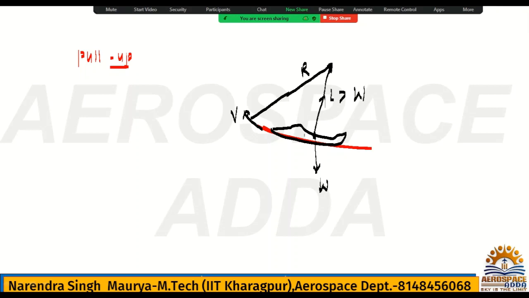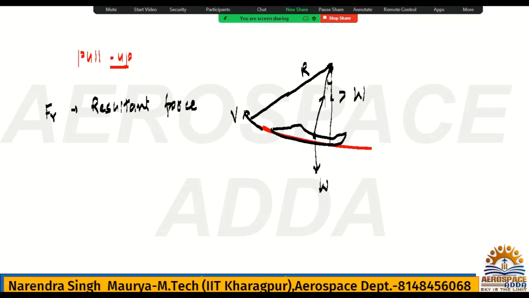Now in this case, if you check the resultant force, you may have Fr, which will be, because whatever angle you may have here and how that angle is measured, you can measure this angle.